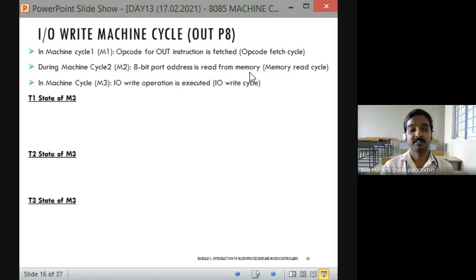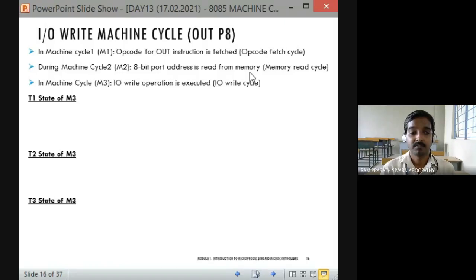Correct? Does anyone else have a doubt? So now you can understand that for an instruction to execute, a minimum of one machine cycle is involved, that is the opcode fetch cycle. Can you tell me what the timing of the fetch operation is? What is the duration of the fetch cycle in terms of T states?